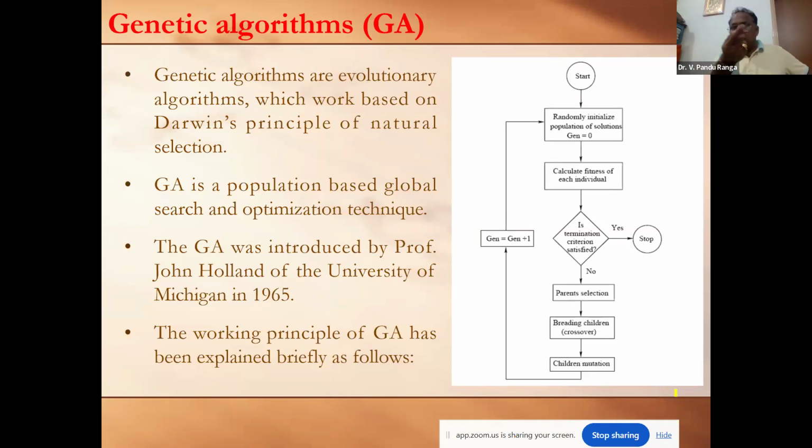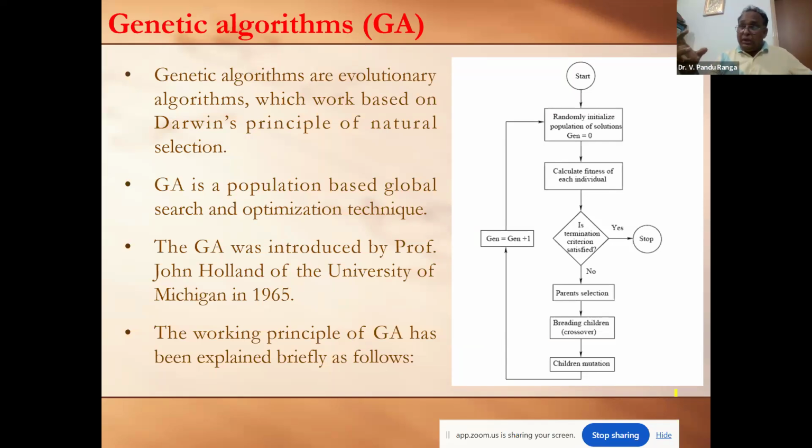Whereas all traditional methods start their search with only one initial guess solution. But all non-traditional optimization methods like genetic algorithm, particle swarm optimization, differential evolution, artificial bee colony, and teaching-learning-based optimization start their search with an initially generated group of solutions.